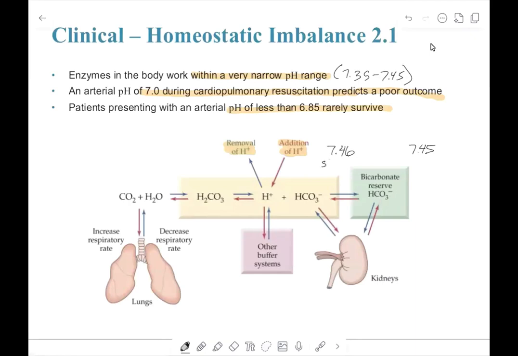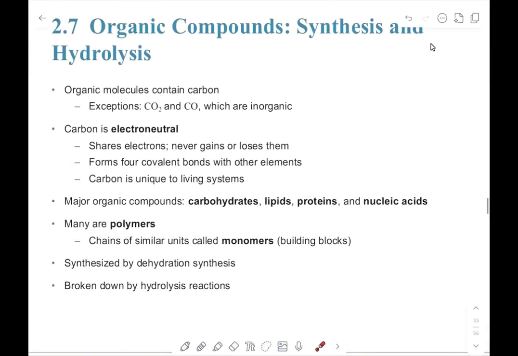So this is a negative feedback system. This is our stimulus, and this is a response. Since they're opposite, we know it's a negative feedback system. So there is a hydrogen, which is released. When that hydrogen is released, that is going to lower the pH. If we went in the opposite direction, then an H would be removed, as in this situation here. This entire buffer system, again, you're going to learn about it next semester when you cover the respiratory system.